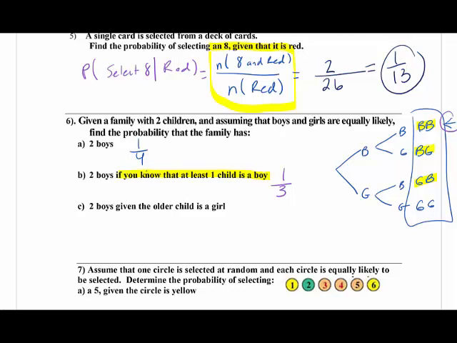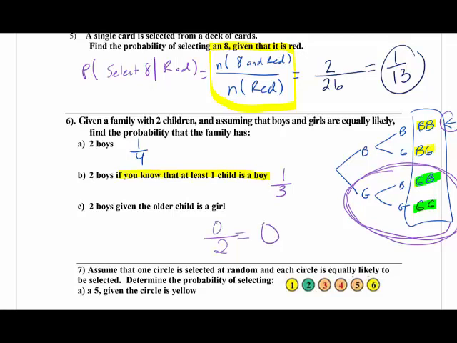On letter C here, 2 boys given the older child is a girl. So let's be careful. The older child, which is the first one, means I am only looking at this bottom piece, because the older child, the first child, has to be a girl. So in this case, I now have 2 choices. And out of those 2 choices, how many of them are 2 boys?